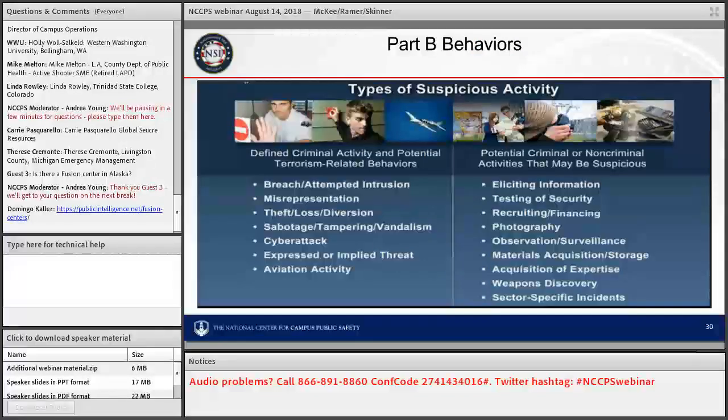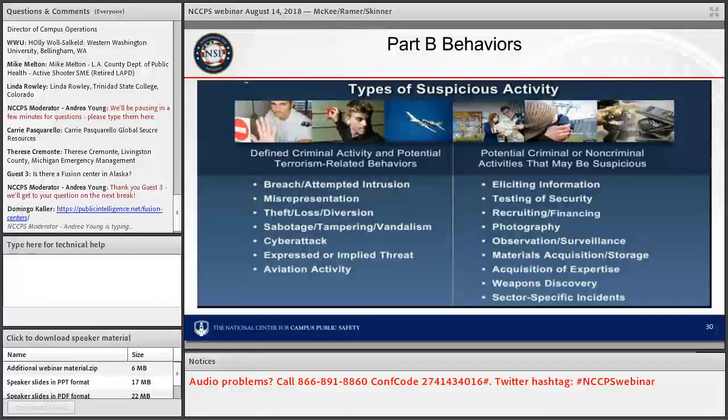So slide 30 is a summary of these 16 behaviors. You see on the left-hand side, at the title at the top, it says these are defined criminal activity and potential terrorism-related behaviors. As compared to the right side of the slide, it says potential criminal or non-criminal activities that may be suspicious.